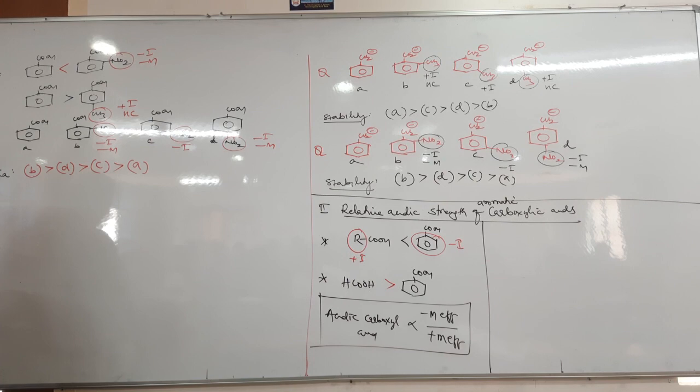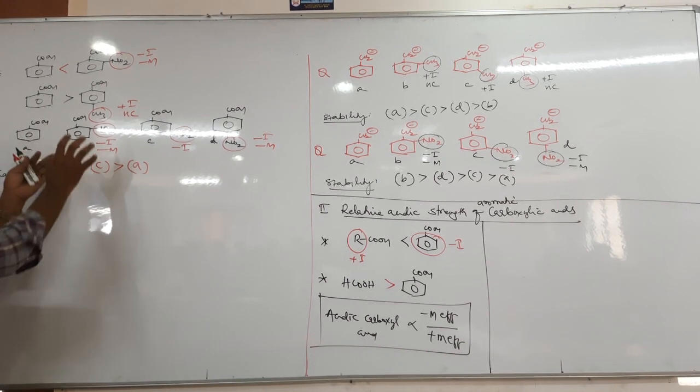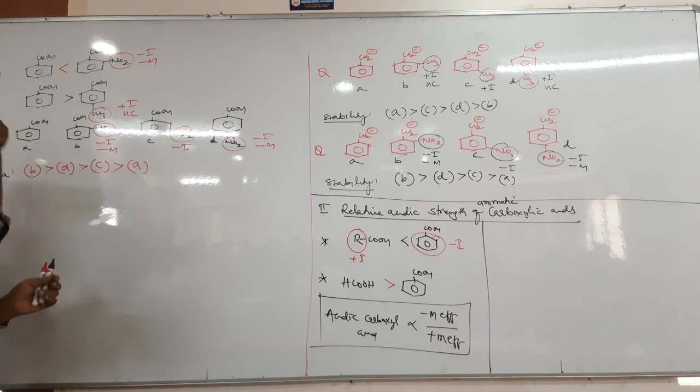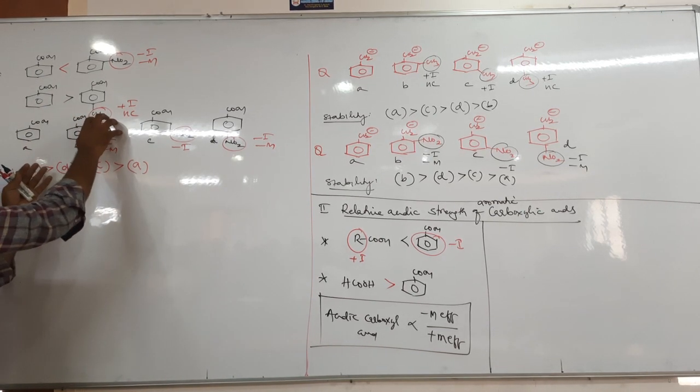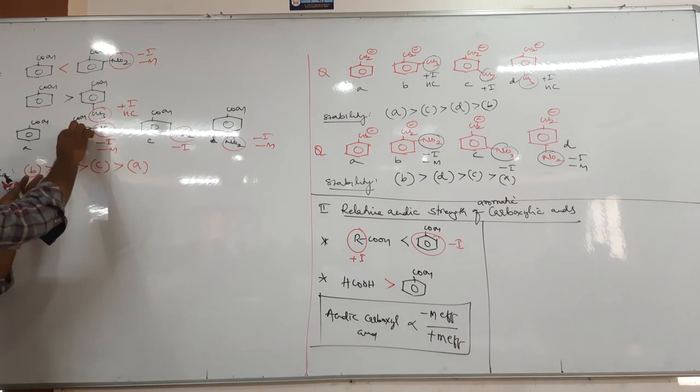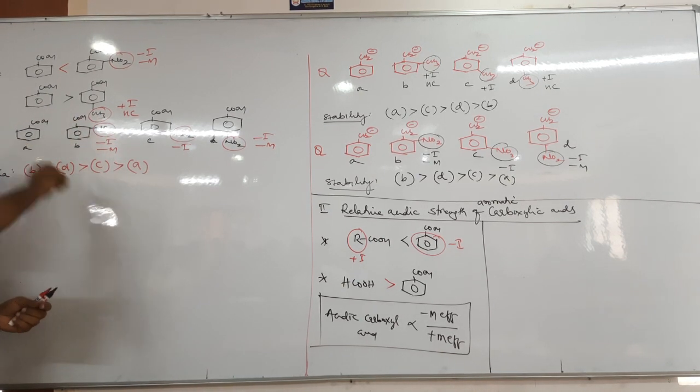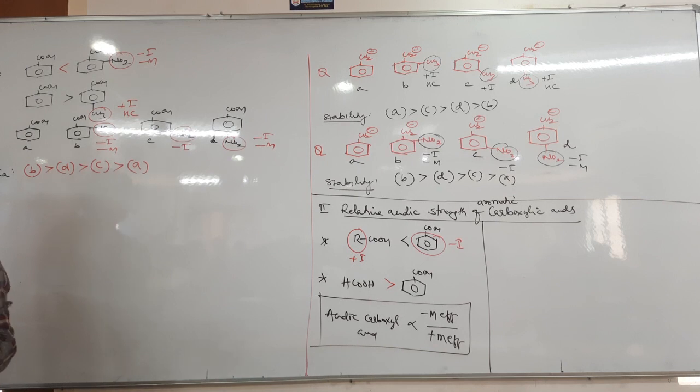It means if any group is present at the ortho position, whether electron releasing or electron withdrawing, then the acidic strength of that carboxylic acid increases nearly 1000 times. Then you can imagine, right?